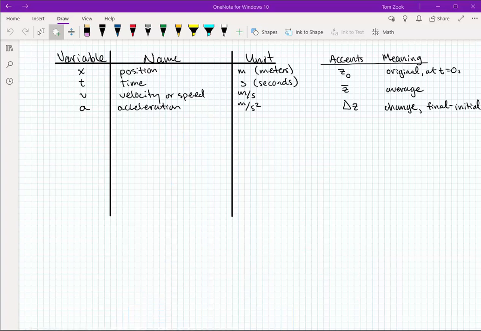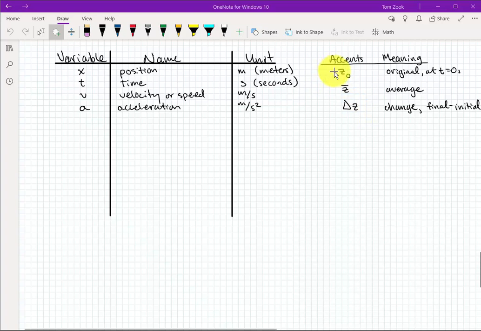We can fill this in with way more stuff as time goes on, but we've got x represents the position measured in meters, t represents time measured in seconds, v represents velocity or speed, meters per second, a represents acceleration in meters per second squared. Over here on the side, I got some generic variable z, which is not used for anything.